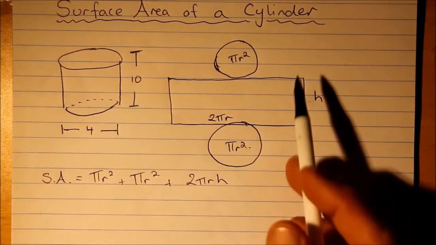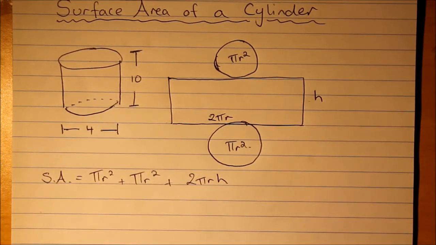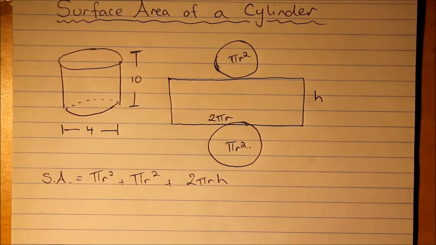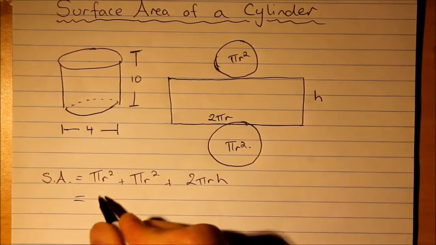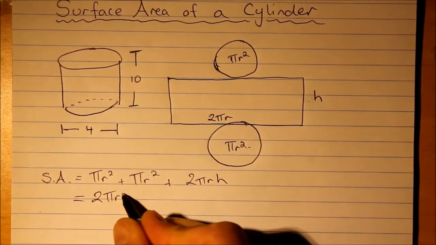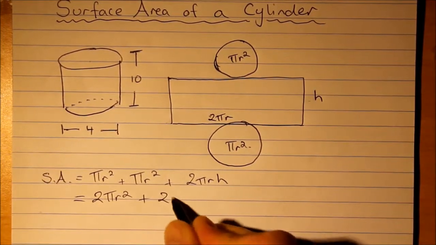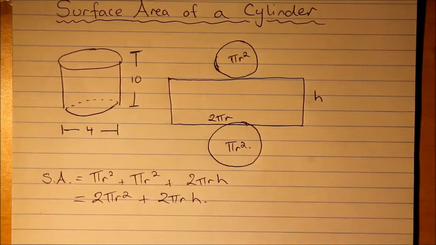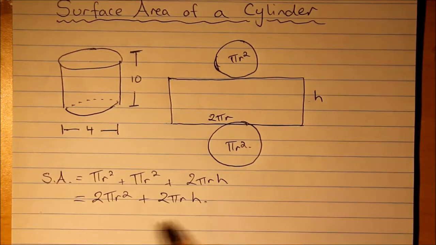But the problem we're dealing with here, we'll call it a closed cylinder. So if you do know the formula, you would know it like this, most likely: 2 pi r squared plus 2 pi r h.